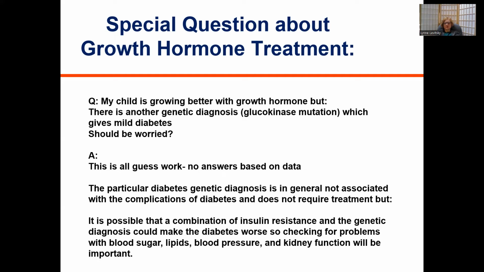So it would be important to try to keep the insulin resistance as little a problem as possible with good treatment, and also check for problems with blood sugar and blood lipids and blood pressure and kidney function as time goes on, in order to make sure when the child is getting and then not getting growth hormone treatment, because this combination is quite unusual and we just don't know.